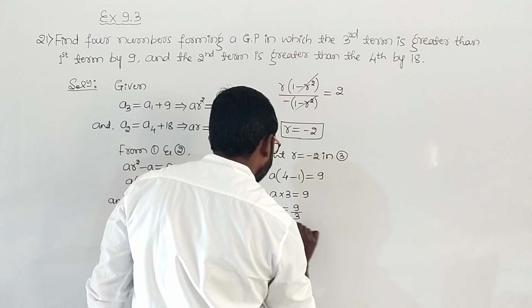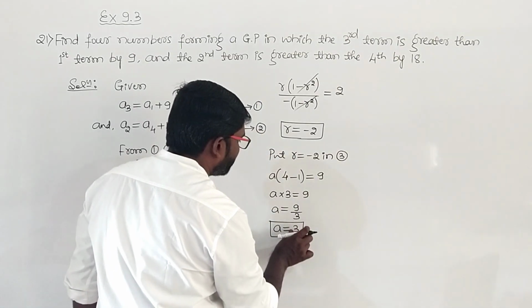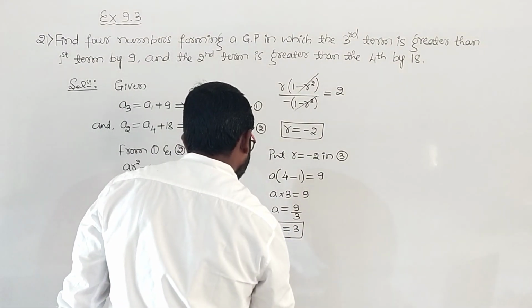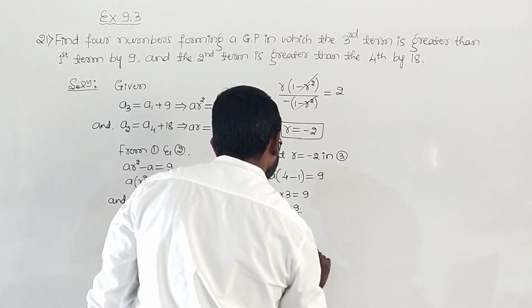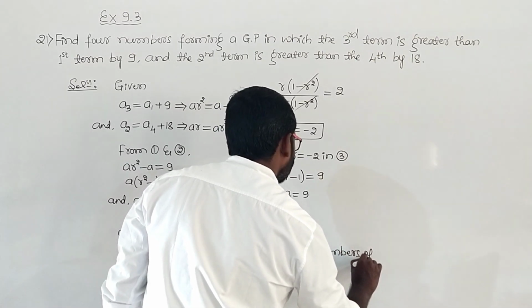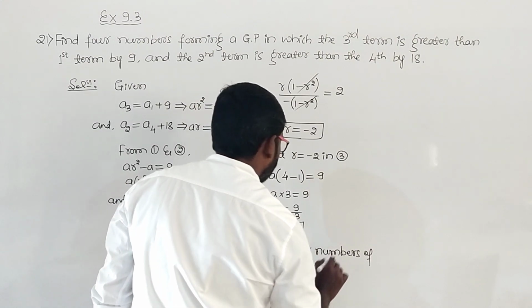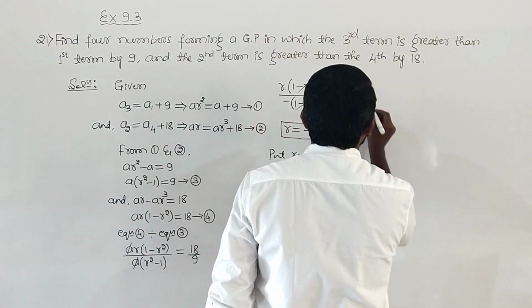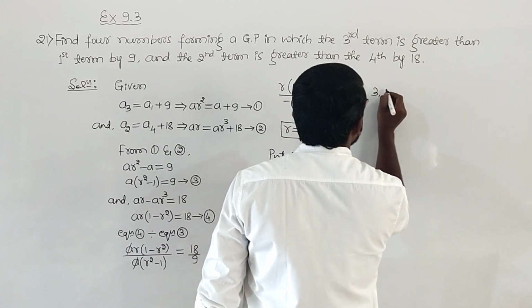So we have the first term and the common ratio. We will have to find the first 4 terms of the GP. Therefore the 4 numbers of a GP are A, AR, AR square, AR cube. A is 3. Then AR, that is 3 into minus 2.